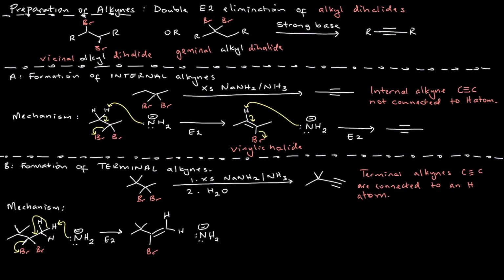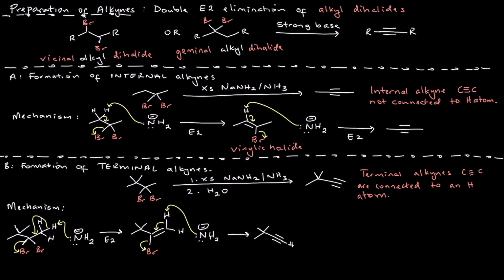To form this vinylic halide, and then just like last time, another amide ion can come in and go through another E2 to form your alkyne.